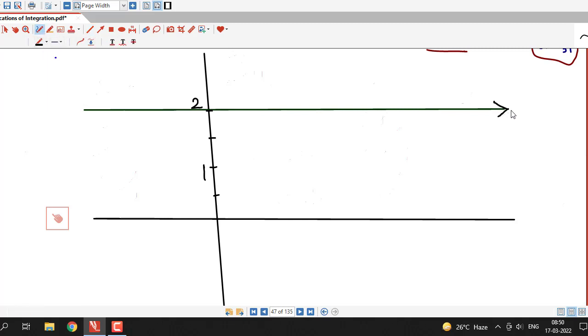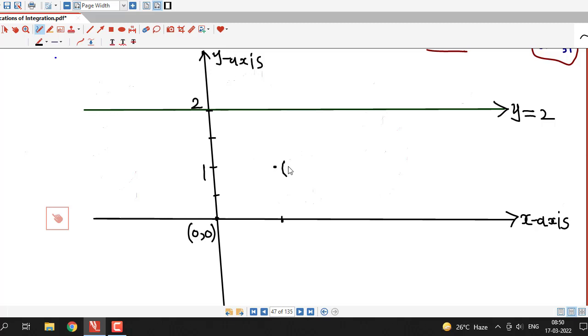So this is the line y equal to 2, and our curves are intersecting at (0, 0) and (1, 1). We consider this much distance as 1 on the x-axis also.